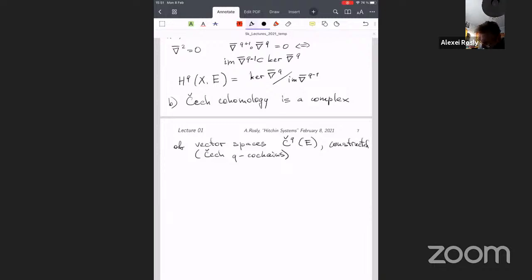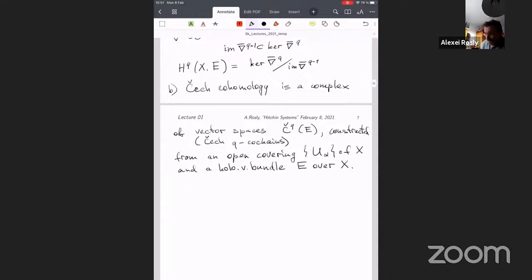These guys are constructed from an open covering U_alpha of X and a holomorphic vector bundle E. So now we are given some covering, which in principle I should have reflected in the notation of the complex, but I do not mention the covering, understanding that I take some covering, fix it, and obtain some complex.